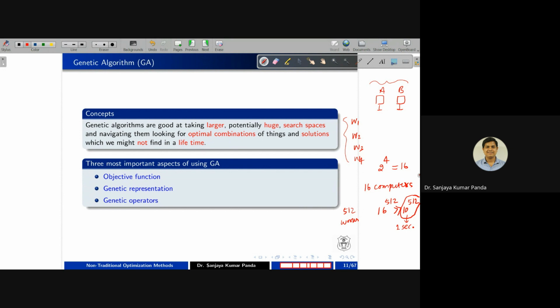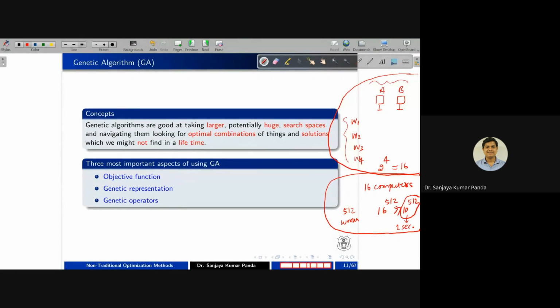So for those problems where you have a very large space, there only you have to apply an optimization algorithm, genetic algorithm, particle swarm optimization, and whatever optimization algorithm comes to your mind, that is applicable when the search space is very large.